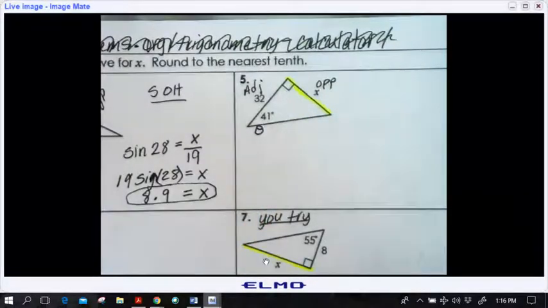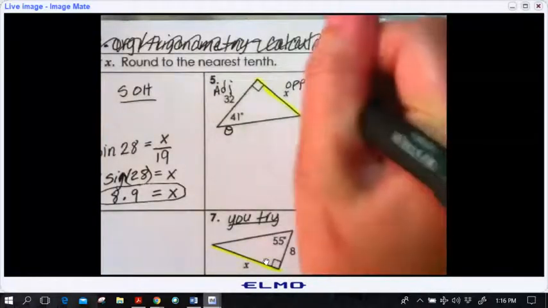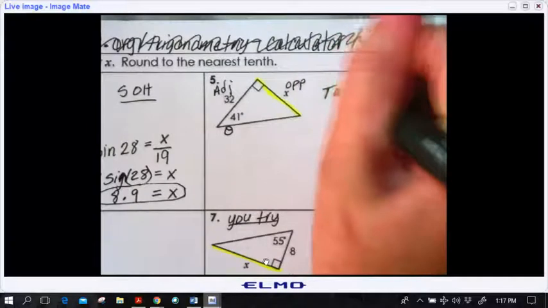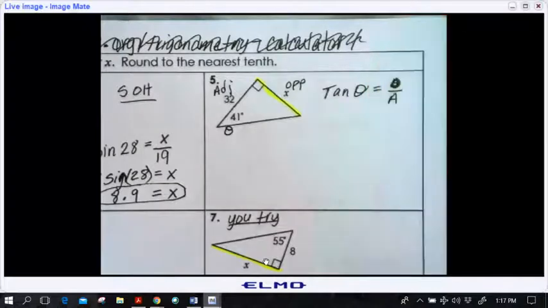So which one of our trig ratios uses adjacent and opposite? That is our tangent function that uses opposite over adjacent. So let's go ahead and fill in our information.